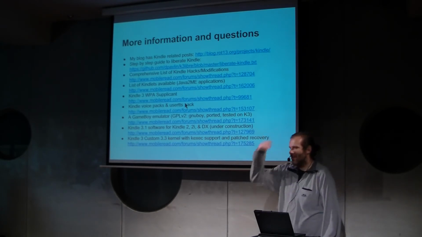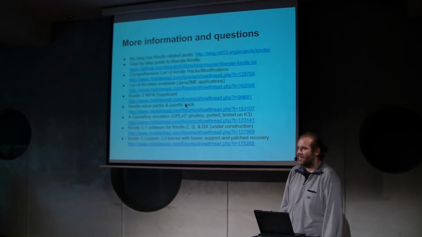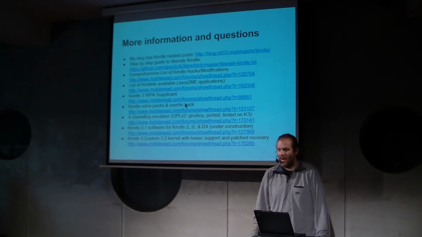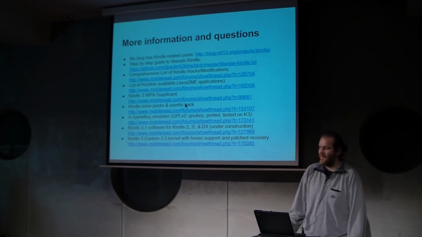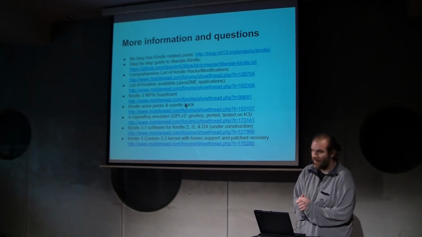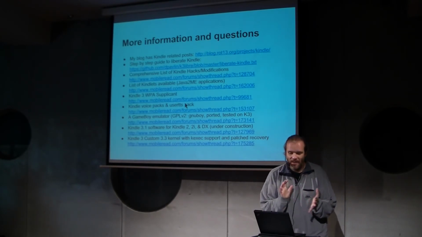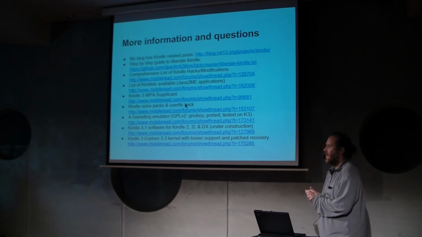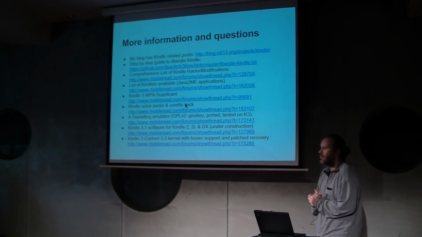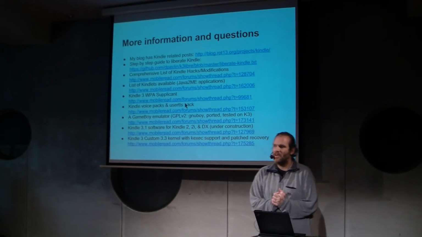You can just ask it and I will repeat it. The question is which kind of window manager I would recommend for the Kindle. Basically, I wouldn't recommend any, because you are not actually running the X stack on the Kindle as such.